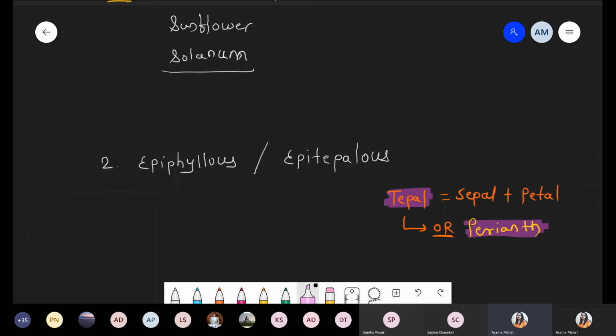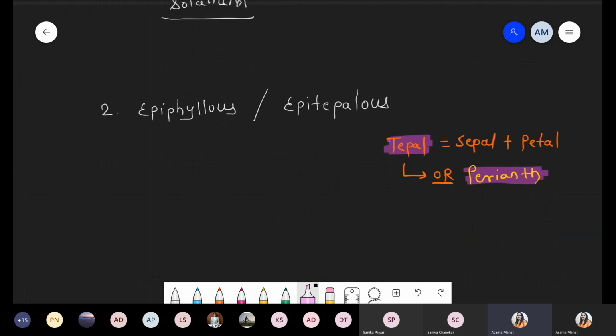Just wait. In this condition we never use K and we never use C. In their place we have to use P, because the perianth condition is present. That's why we use capital P. Capital P means perianth, and perianth means tepal: sepal and petal are morphologically similar.